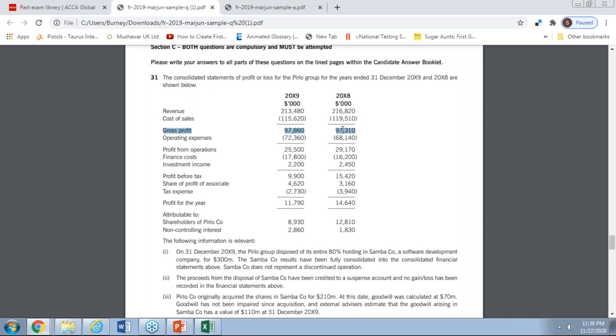Therefore, you can see an improvement in the gross profit. Operating expenses, operating profit margin, finance cost, investment income. Then you can see here there is a share of associate profit that they have booked. Tax expense, lowering the profits as compared to the previous year, and distribution between the owners and NCI.